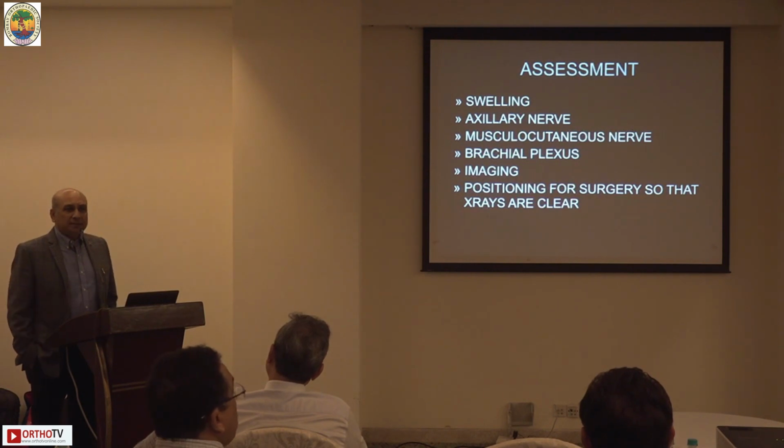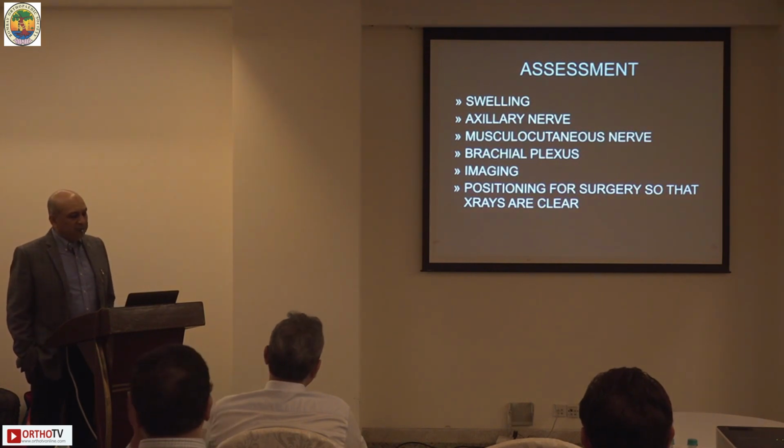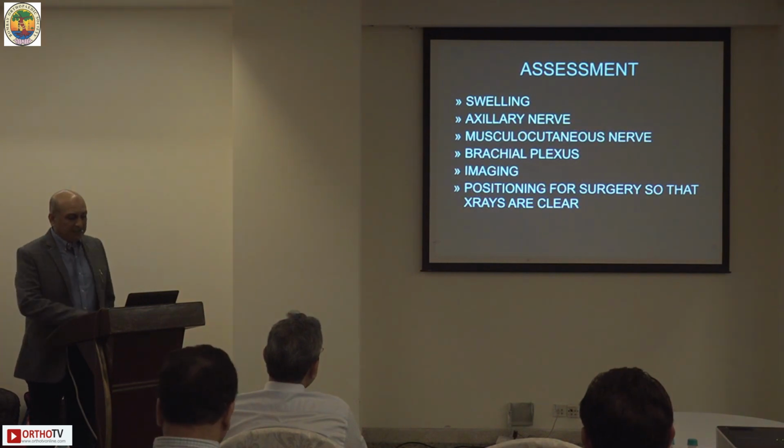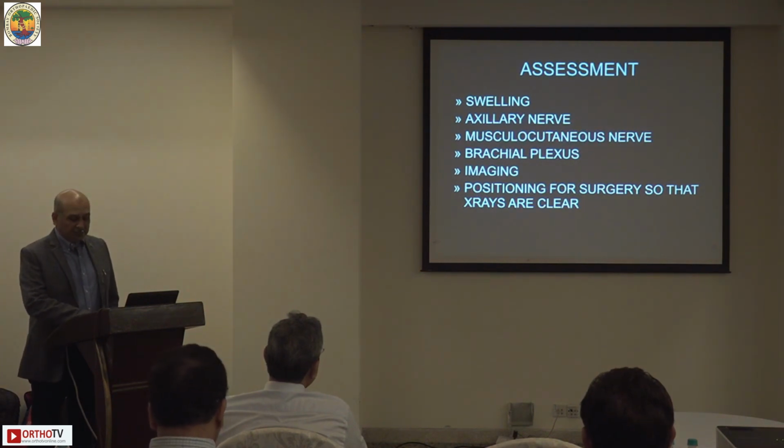So how do you assess a patient with a proximal humeral fracture? Check the swelling, check the axillary nerve, check the musculocutaneous nerve. Any brachial plexus damage has to be documented prior, and then different types of imaging. Positioning for the surgery is very important, so our X-rays taken intraoperatively are clear.